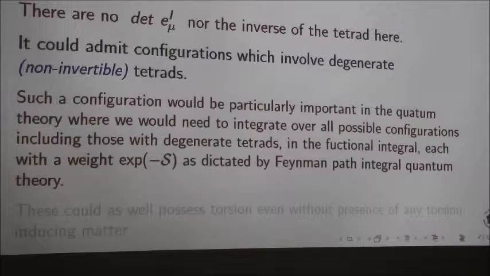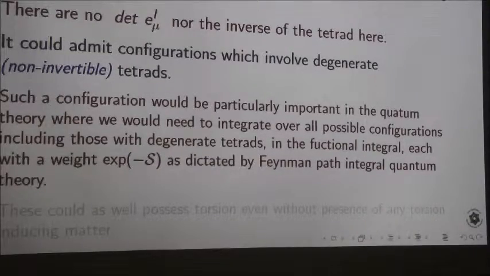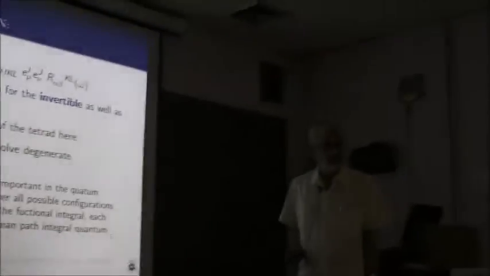In principle, when you do variations, we have the space of configurations of all tetrads, where some of them can even be non-invertible. That's the point here, because this action principle that I have does admit that. Do you use somewhere the Cartan equation? There is one Cartan equation which relates torsion to the curvature, which is a kinematic equation.